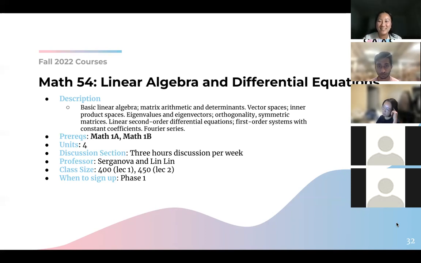But again, I would still recommend signing up in phase 1 because of the necessity as a prereq for so many classes. Most of the upper division classes I've taken have been like, oh, you need Math 54 or equivalent to be in this class. So phase 1 to be safe, so that you don't delay the classes that use this class as a prereq.